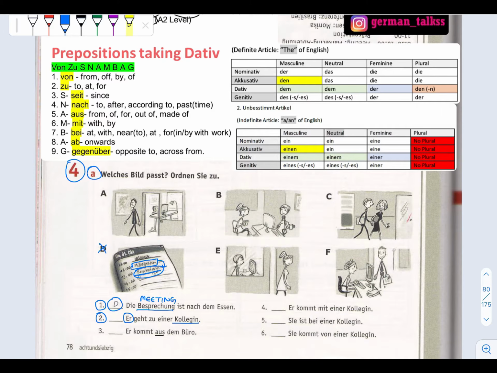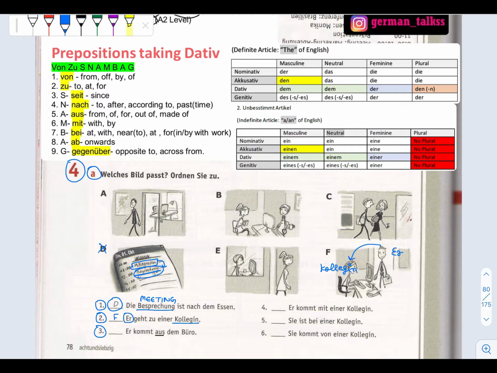What can be the answer for this one? You can see here, er, and he goes to a Kollegin. So F. Yes.